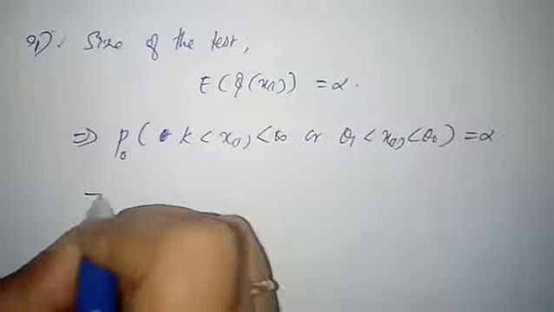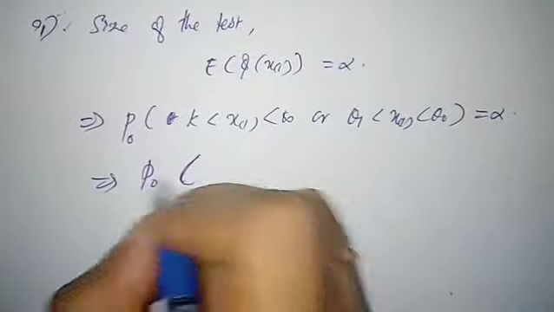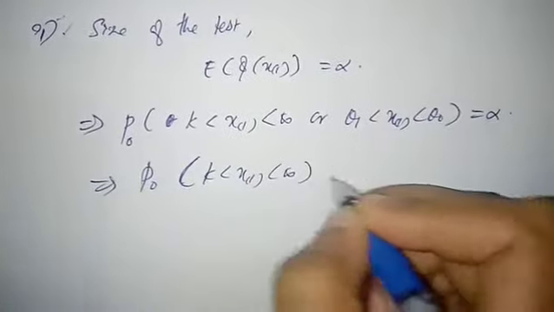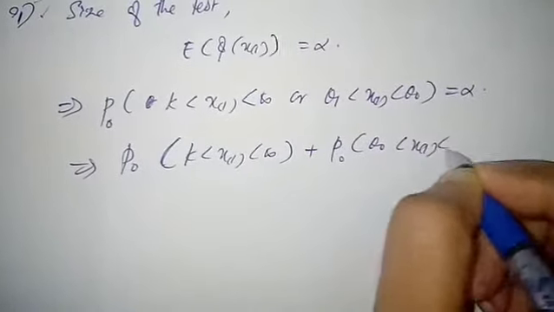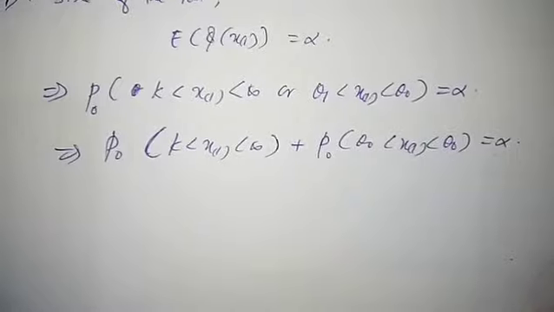So we can write this as P naught probability of k less than x1 less than infinity plus probability of theta 1 less than x1 less than theta naught, equal to alpha, right?